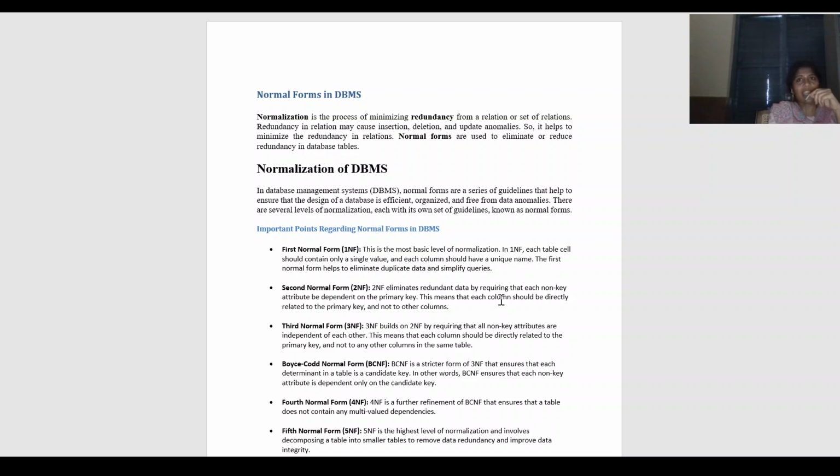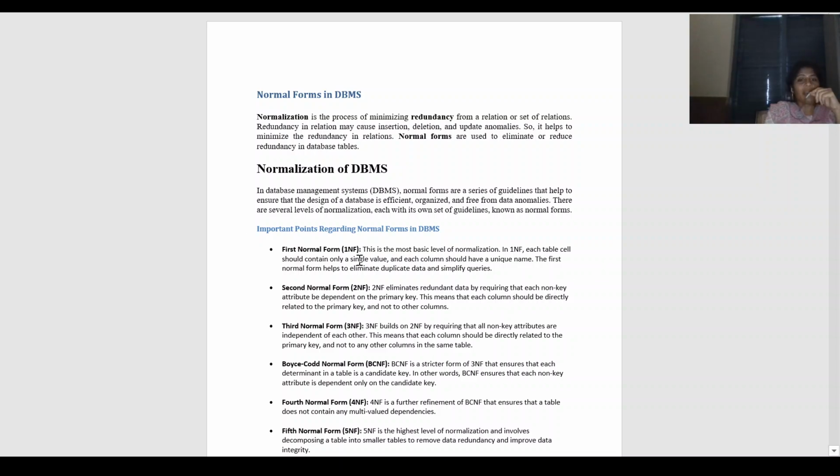Same product and the price is different. In that case, we have to split the rows. That means the product name with 20 rupees, and the product name with 30 rupees. Like that we have to split the rows. This is about the first normal form.